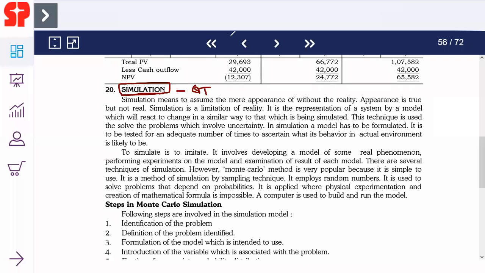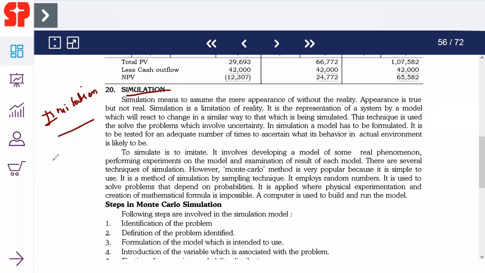So, what is a simulation? Let us understand first. Simulation means imitation. Simulating means imitating an actual situation, or you can say a model.